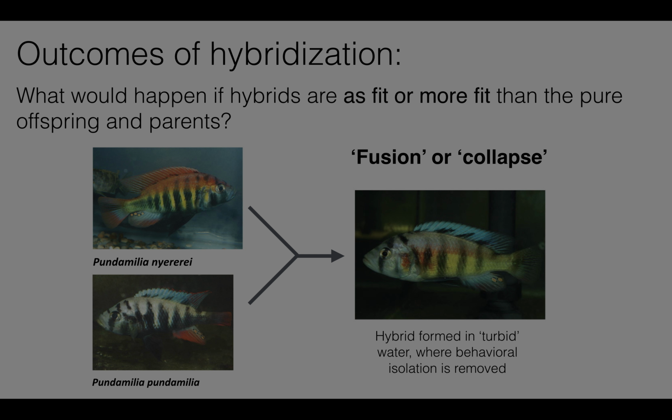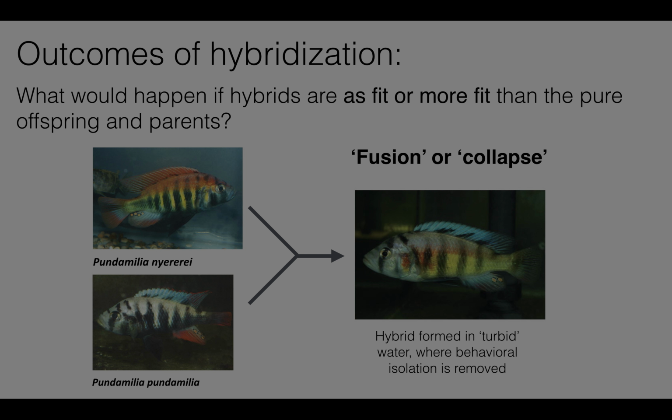So one thing that could happen is what's called fusion or collapse. Okay, and this is where different species sort of collapse into one. So if there's no barrier that's preventing them from mating anymore, then they can just become one species. And sometimes those barriers that are preventing species from coming together can be removed.